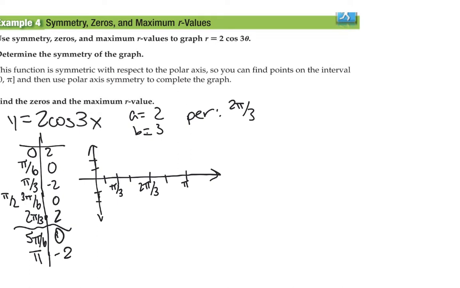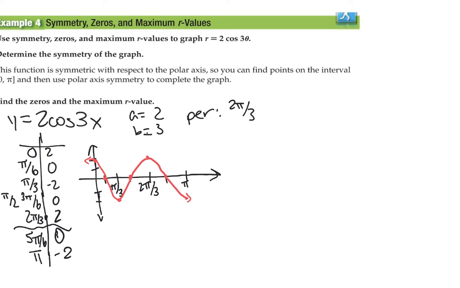So at 0, we have a maximum. Then we've got our minimum, 0, maximum, 0, minimum. Rough, less accurate sketch. You guys actually have the graph for your notes.